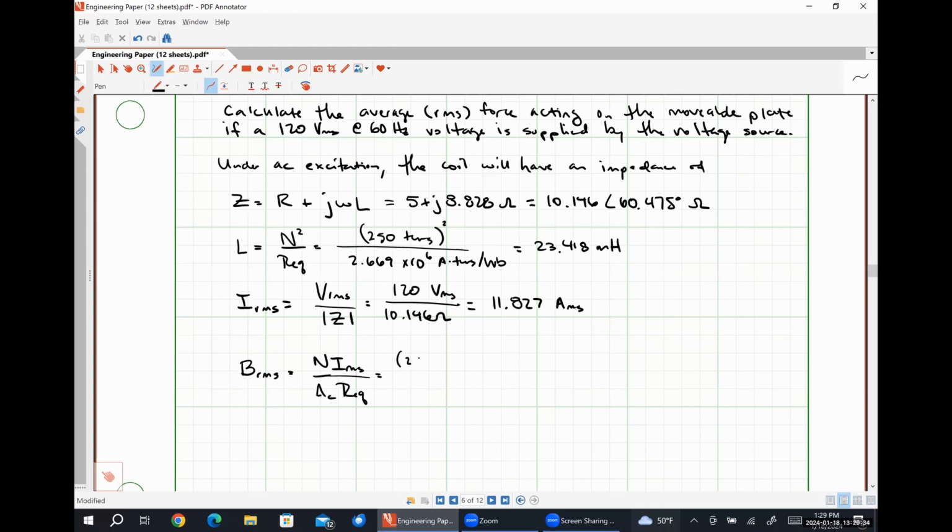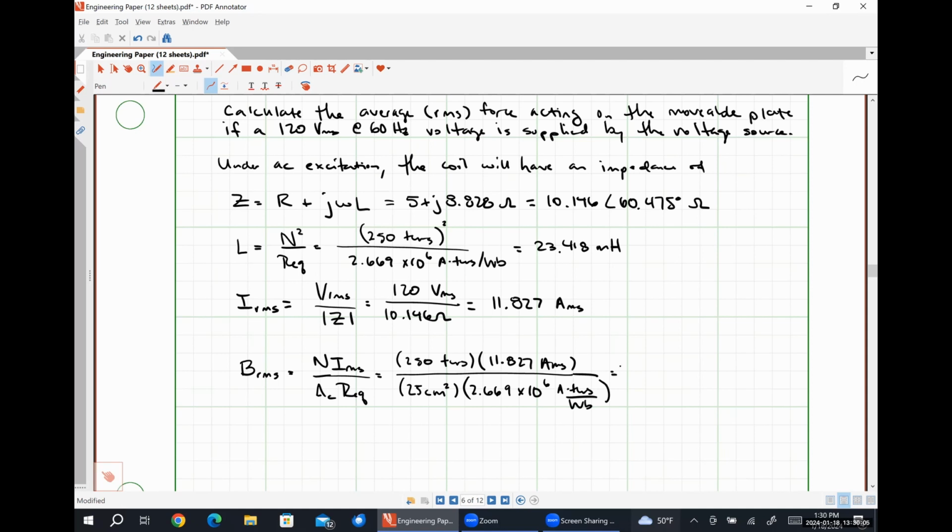So that's going to be 250 turns times 11.827 amps RMS divided by 25 centimeters squared times 2.669 times 10 to the 6 amp turns per Weber.